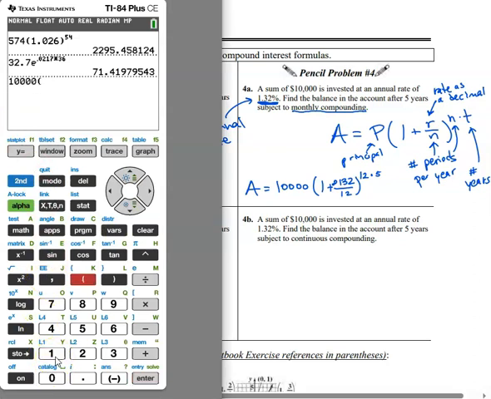Here I will use some parentheses to make this 1 plus 0.0132. I want to divide that by 12, so we'll get 1/12 of that rate.